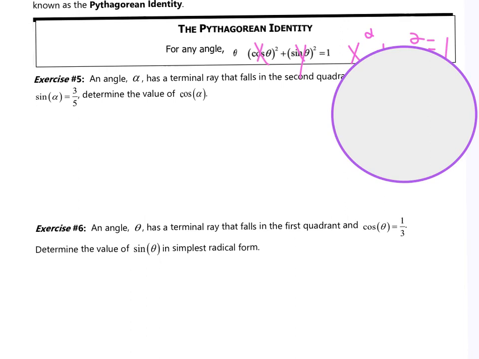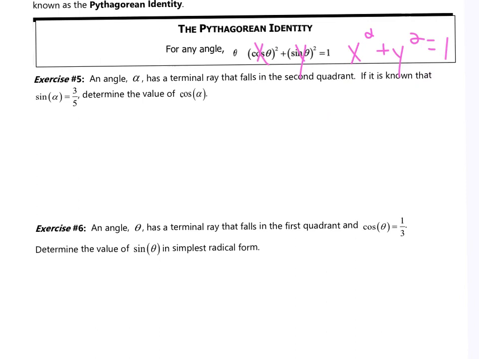So the radius is 1. The center is 0. So even though it looks new, it looks crazy with that theta in there, it's exactly the same as the circle equation and what we did in the last lesson where we had to find the x or y values. Now we're finding sine or cosine, which is exactly the same.